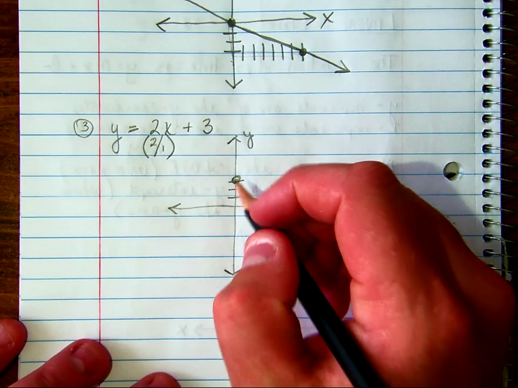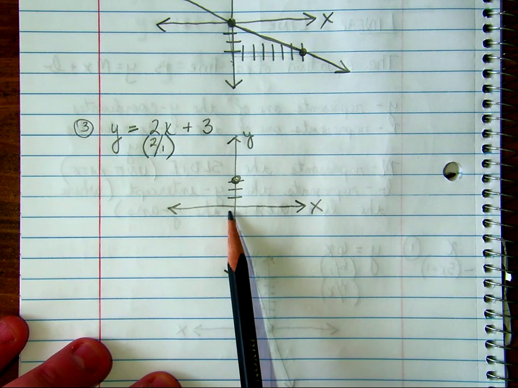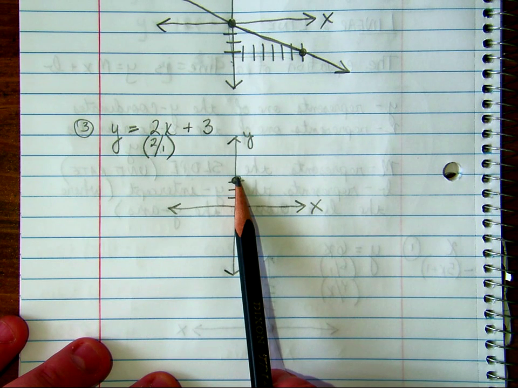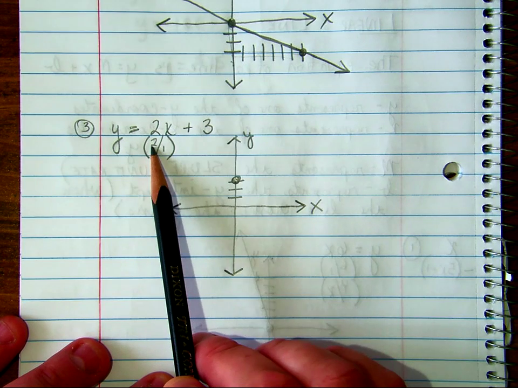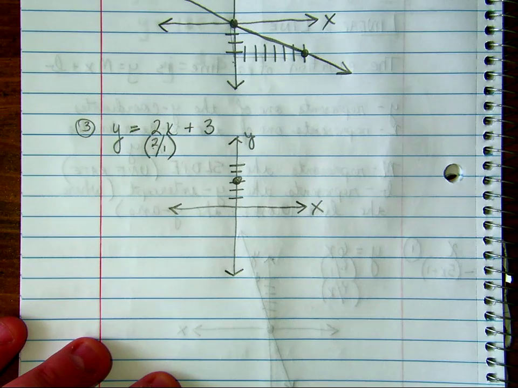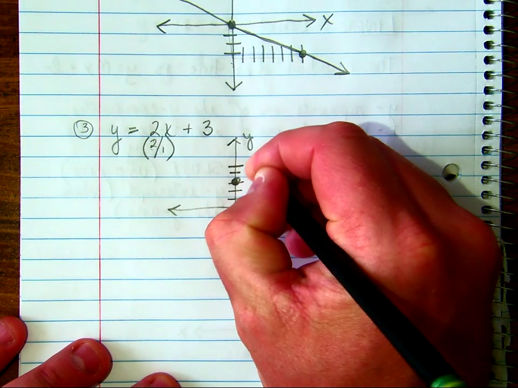I am not going to start at the origin. I'm going to start at my y-intercept. My vertical change is +2, so I go up 2. My horizontal change is +1, so I go to the right 1. Connect my dots.